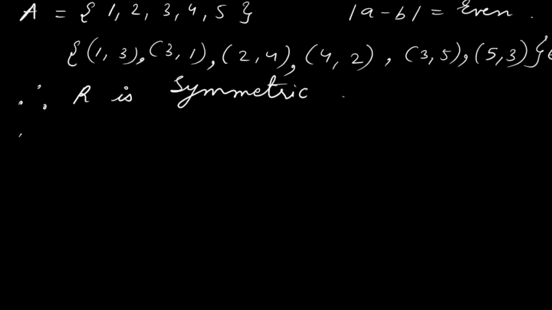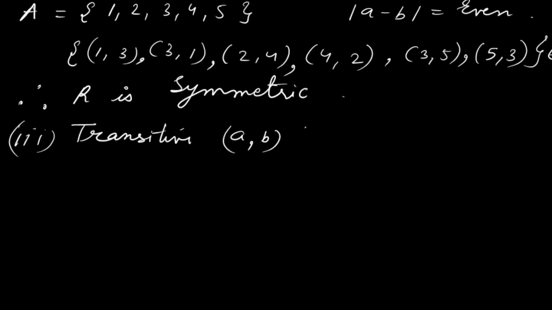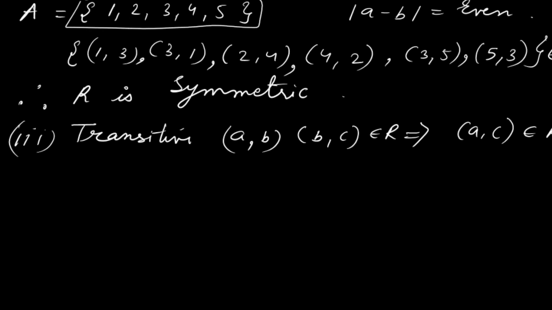Now transitive. Third one is transitive. We know if A comma B and B comma C belong to R, it implies A comma C also belongs to R. So we have to check. Let's say A comma B, because I have to choose ordered pairs from here.